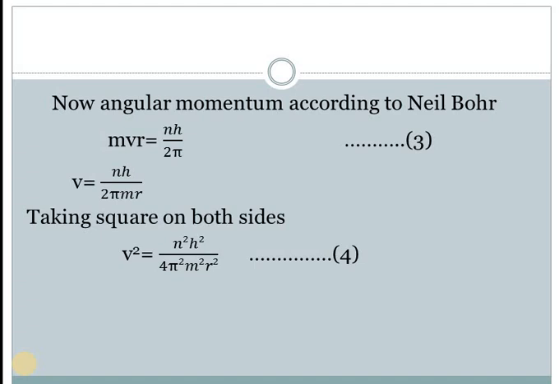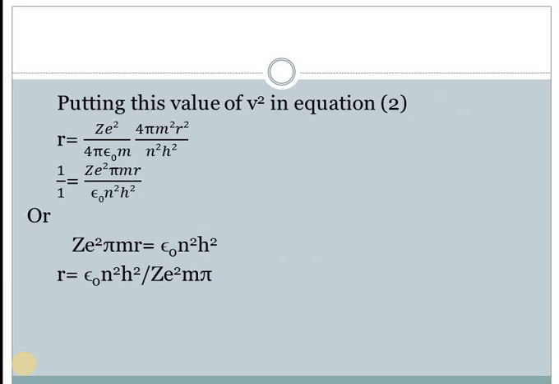In the upper equation we have v square, so we have to square this equation, both right and left hand sides. So we get v square is equal to n square h square by 4 pi square m square r square. Now we can take this v square value and put it in equation 2.